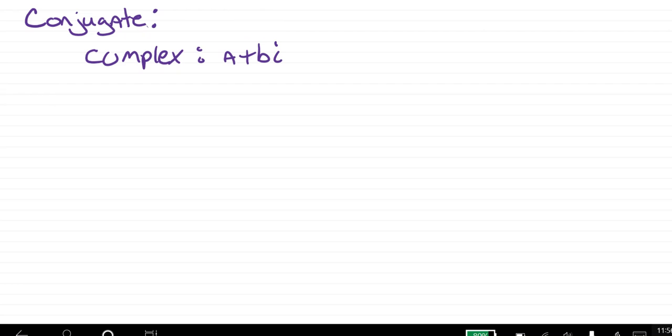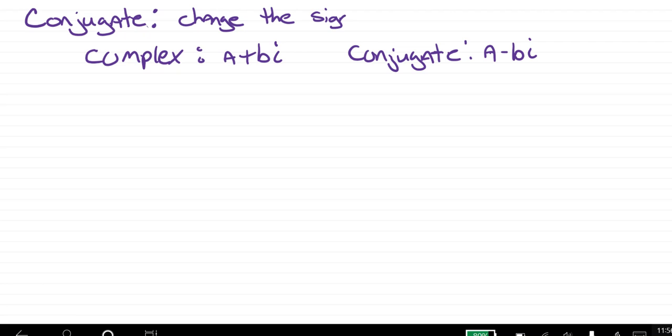A conjugate is basically when you change the sign of the i term. So in this case, the conjugate of this would be a minus bi. So basically, the conjugate is when you change the sign of the i term.